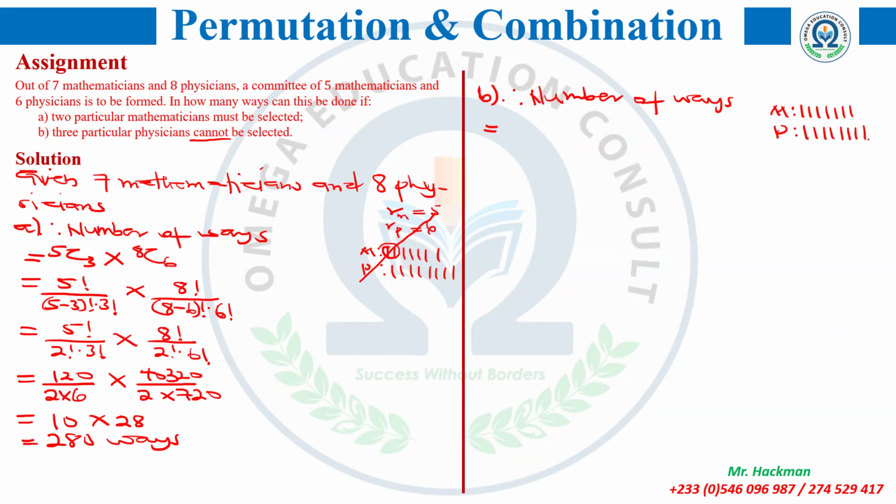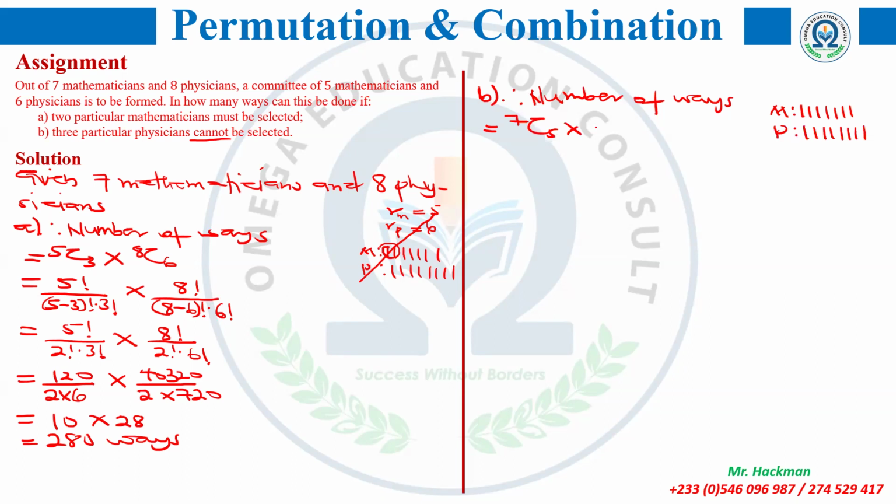Now let's see. The condition is on the physicians, the mathematicians intact. So let's deal with the mathematicians first. Mathematicians intact. So mathematicians, we are selecting 5 out of 7. So it will be 7 combination 5.